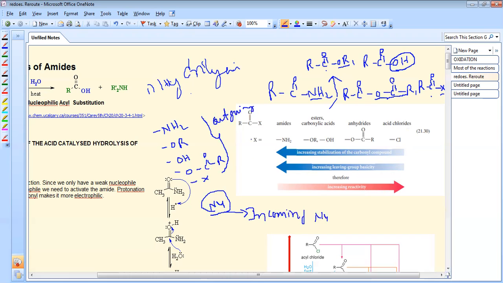Acid halides or acid chlorides are more reactive. Looking at the tendency of the outgoing group, X minus is a good leaving group, then carboxylate, then OH, then OR and NH2. This is the order of reactivity of acid derivatives towards nucleophilic substitution reactions.